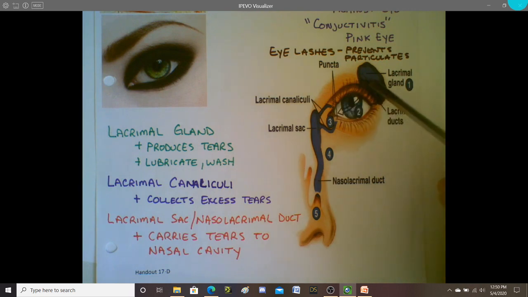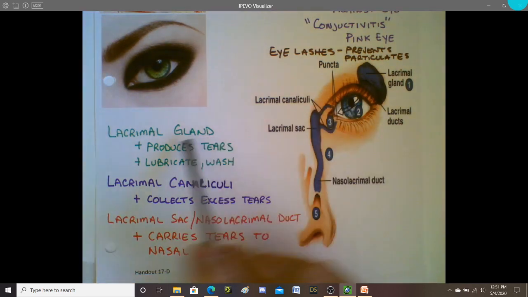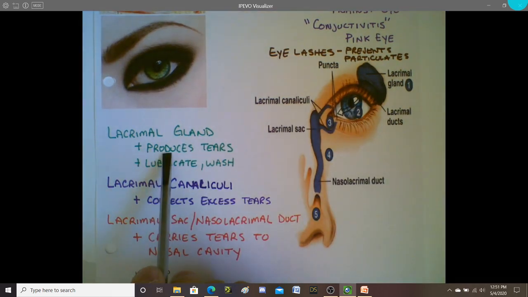So they flow across your eye from the outside of your eye towards the inside of your eye. Now, yeah, it's true that tears can fall out and run down your cheek, but you have an apparatus that can collect tears. And so the lacrimal gland is going to produce tears.